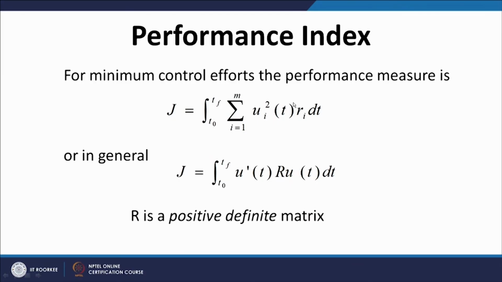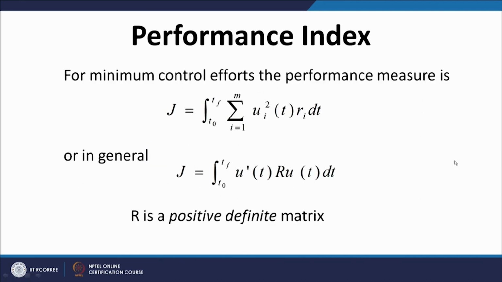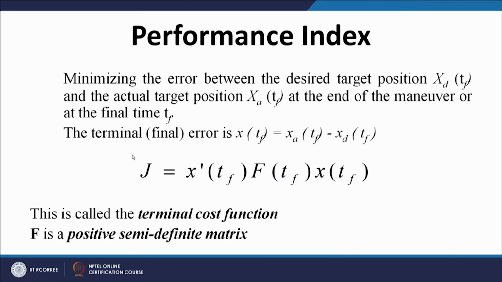This may be one of the choices, like the first choice was J equal to x prime Qx. My next choice is the minimization of the control effort, u prime Ru. Another form it may take, let J equal x prime of tf, F of tf, x of tf. This means I am trying to minimize the terminal cost. tf is my final point.